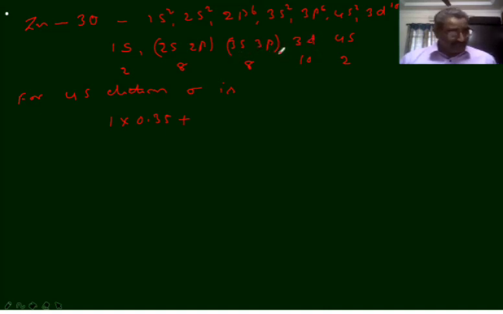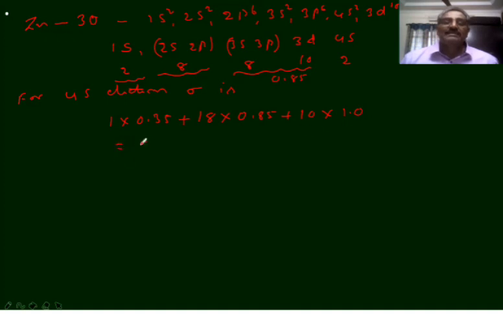How many electrons are there? 18 electrons are there. So 18 into 0.85, as all these 18 electrons each cause 0.85, plus the electrons in the penultimate shell and inner shells, 10 electrons, each causes 1.0.